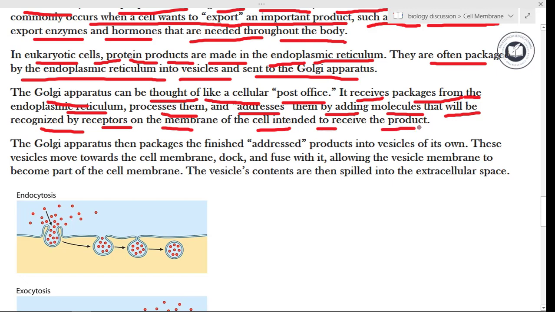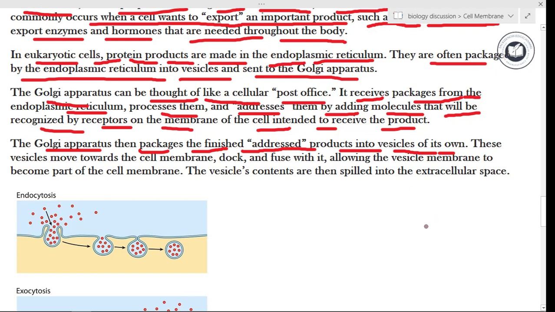So the Golgi apparatus receives the package from the endoplasmic reticulum and processes it, adding address molecules to be recognized by the receptors on the membrane of the cell that will receive the product. The Golgi apparatus then packages the finished, addressed products into vesicles of its own.